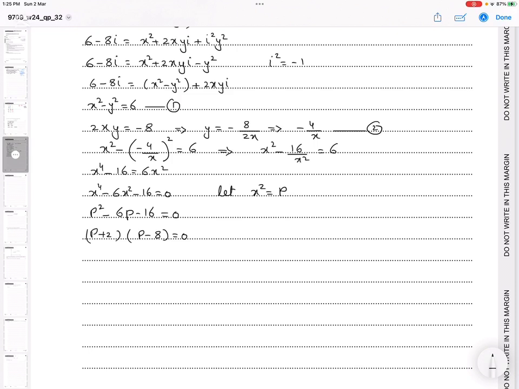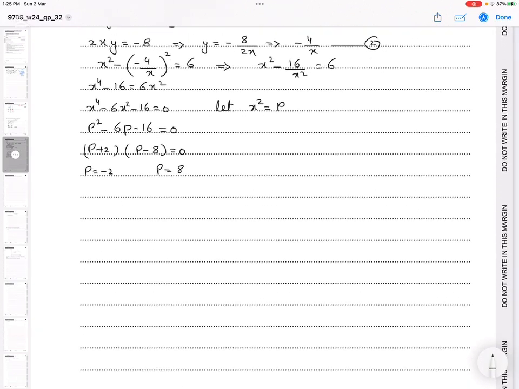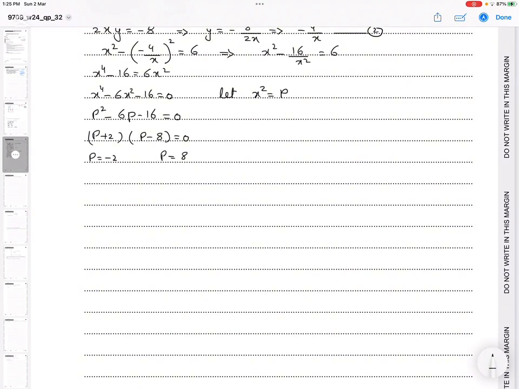So one p is equal to -2 and the other p is equal to 8. So I can bring back x squared in place of p. So I can write x squared is equal to -2.